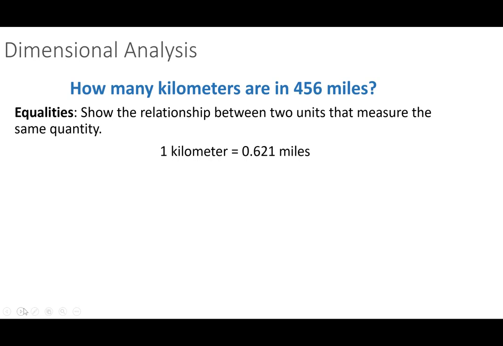So if I handed one student a tape measure that measured in kilometers, and I said, grab this tape measure and run until it reads 1 kilometer, then stop. And I handed another student a tape measure that measured in miles. And I said, grab the end of this tape measure, run until it says 0.621 miles and stop.